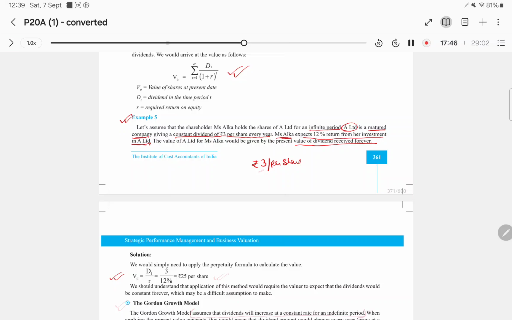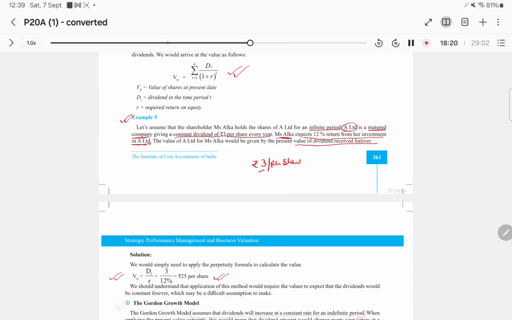That is the dividend earned in the current year. R is basically the rate of return which you are getting from the investment you are making. So the dividend the company is offering is ₹3 per share every year, and the return expected by Miss Alka is 12%. So this is an easy sum. You divide 3 by 12% and the answer is ₹25 per share, which is the value of the perpetuity.